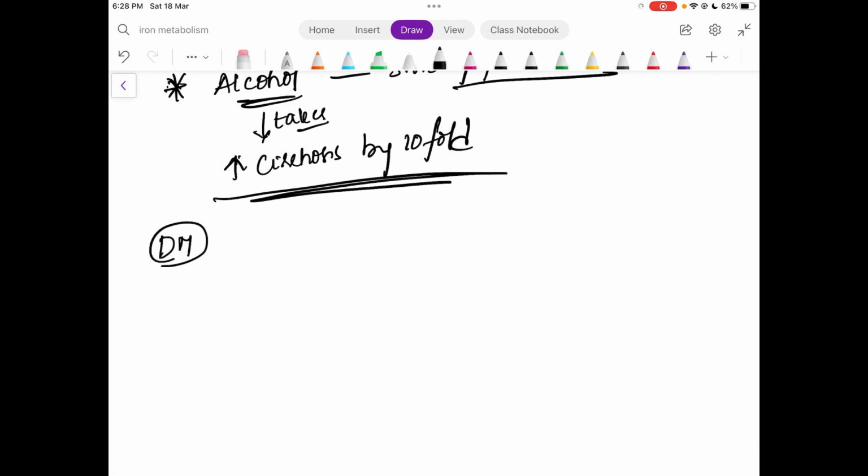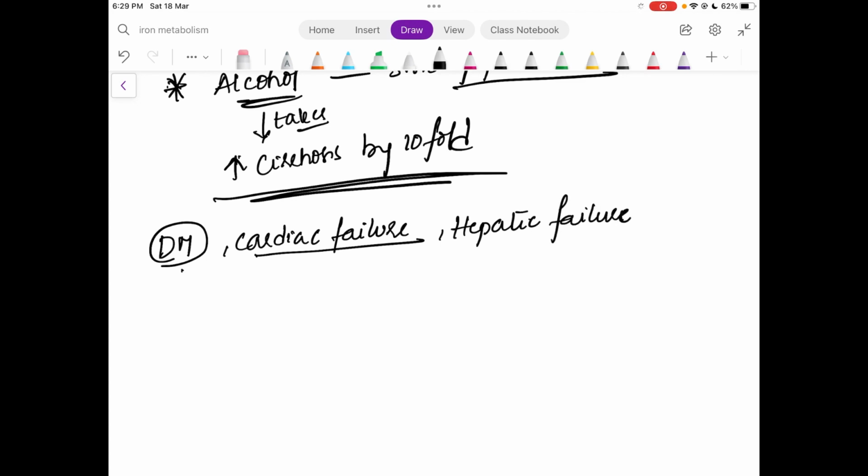You have to treat diabetes mellitus, that is supportive therapy, and cardiac failure. You have to give insulin in diabetes mellitus patients. You have to treat cardiac failure and hepatic failure through conventional therapy.